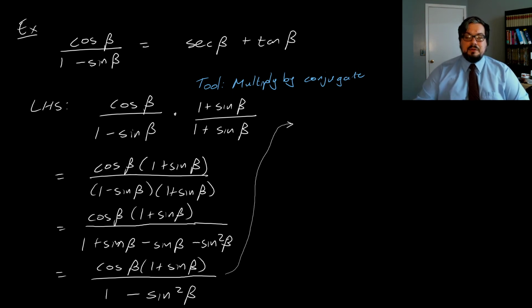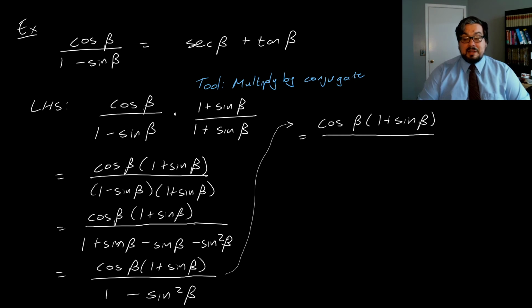All right, so then the question is, why is that helpful? Well, 1 minus sine squared beta is something that we can express. The Pythagorean identity says that sine squared beta plus cosine squared beta equals 1.